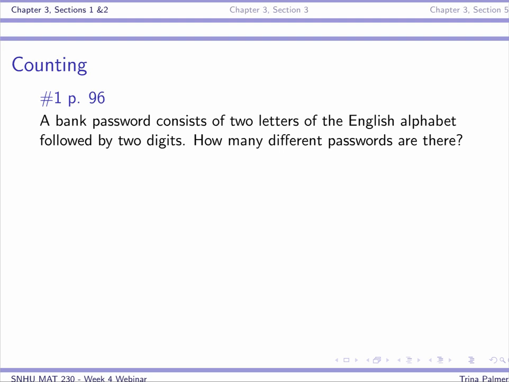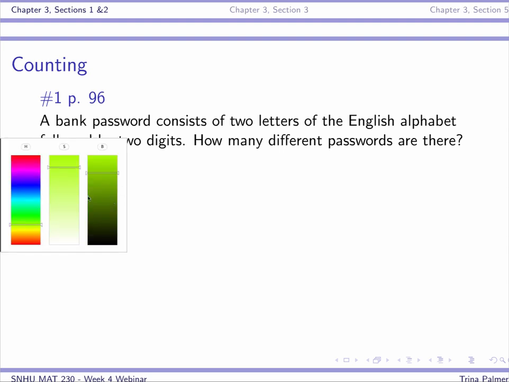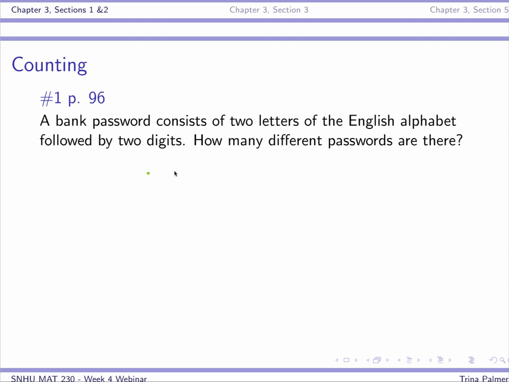I can think of it as 4 different positions. So there's 4 slots. These 2 would represent the 2 letters, and these 2 would be the 2 numbers, or 2 digits, I should say.